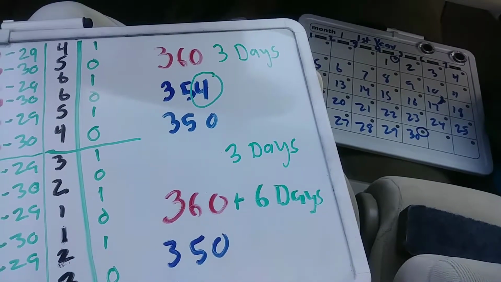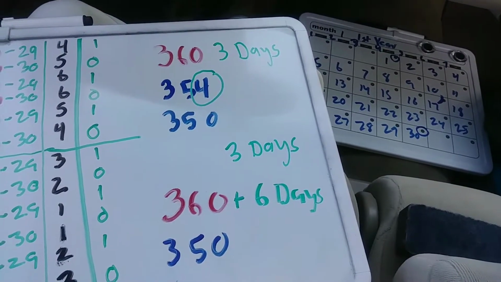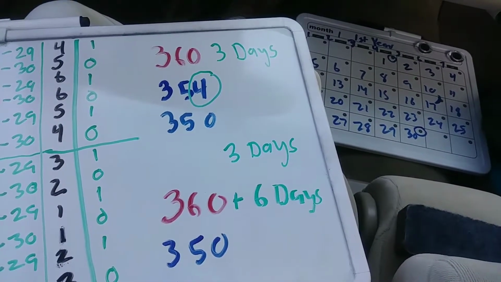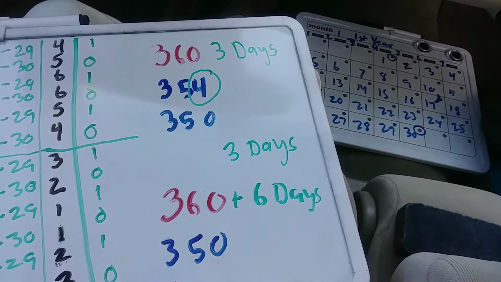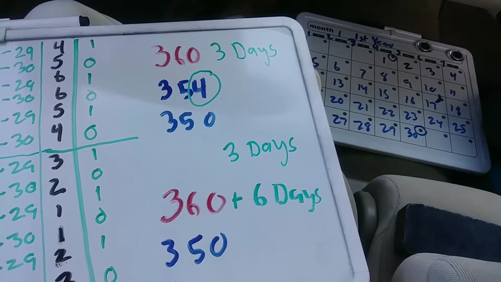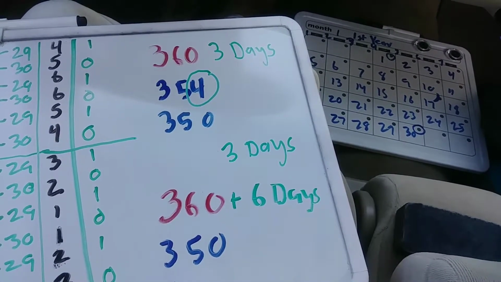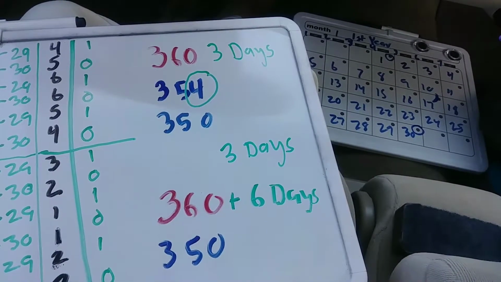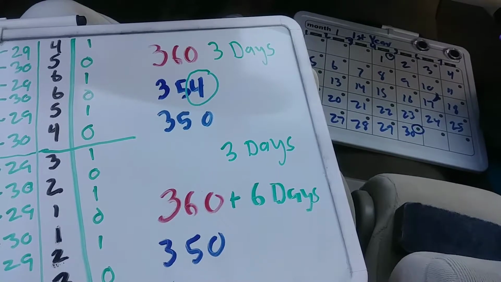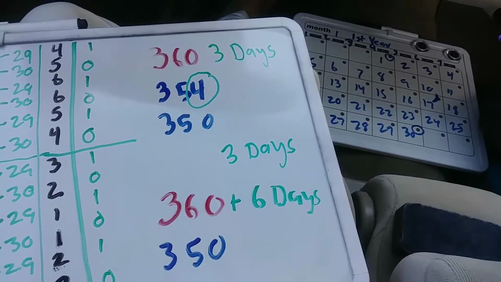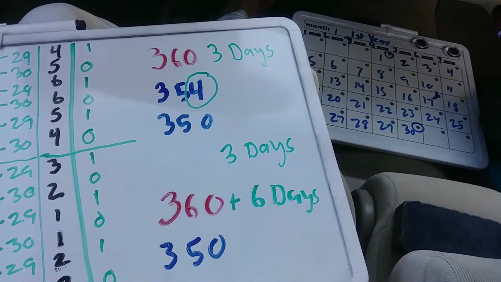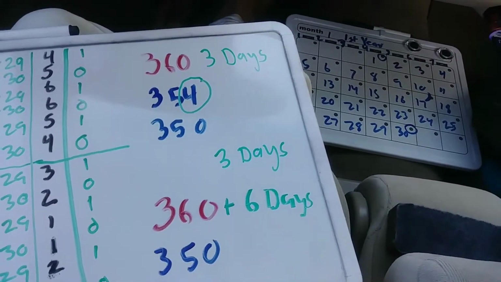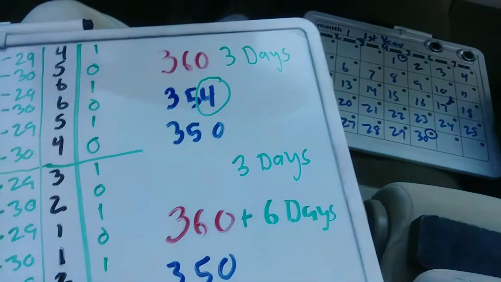And then in another part of the book of Enoch, it also says that the sun is ahead of the moon by 10 days, and this is still true.